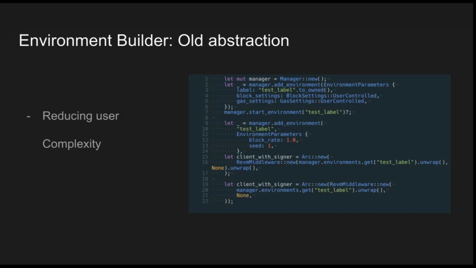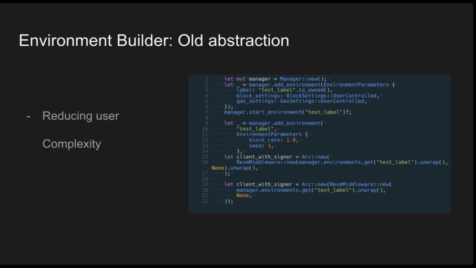Now, here's a little bit of a summarization of the environment builder and what it looked like in the past. This is a code snippet of the code that you had to write in order to build an in-memory revm environment and then some middleware around that environment.